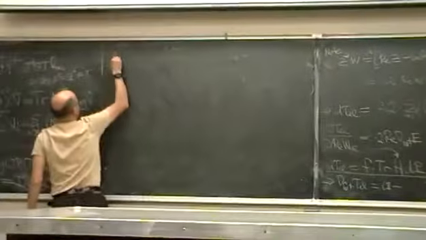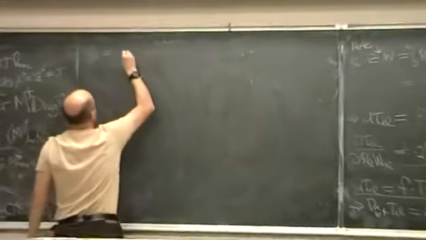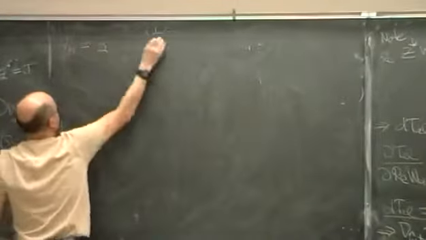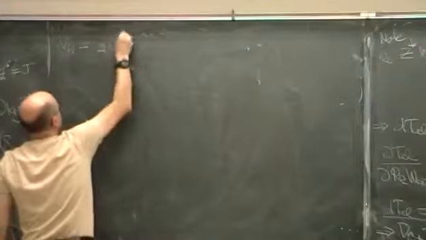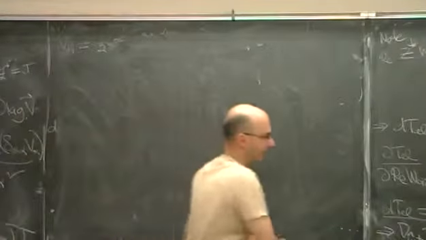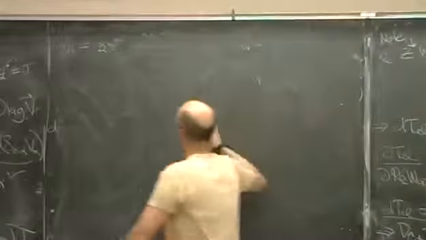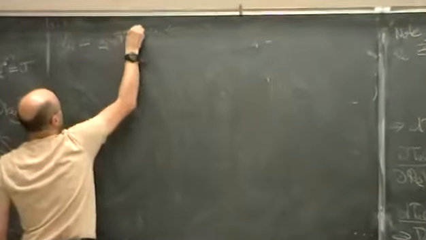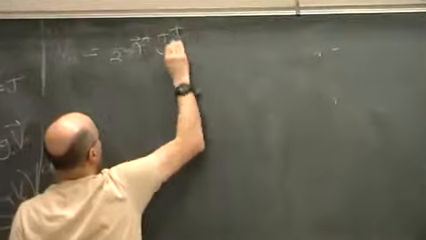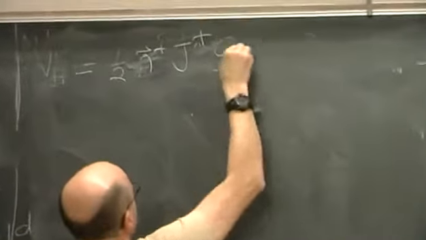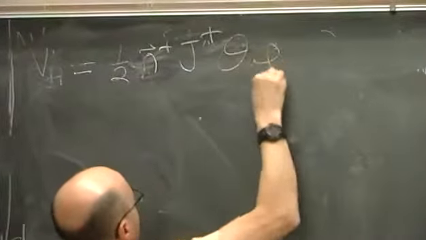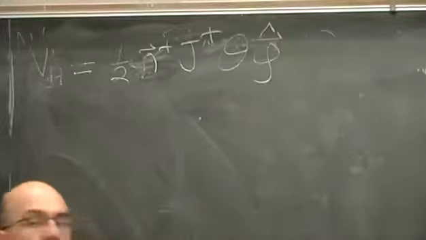So the Hartree potential energy is 1/2. Well, I'll dagger out the J for you. I've got to dagger this here. So I've got N vector J dagger O, and then phi. Like that.